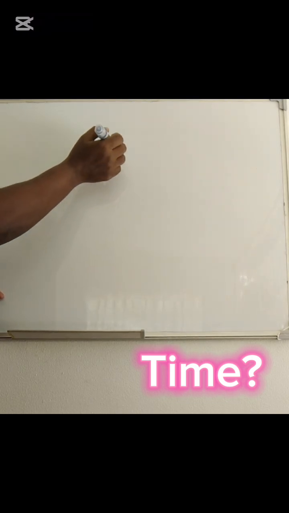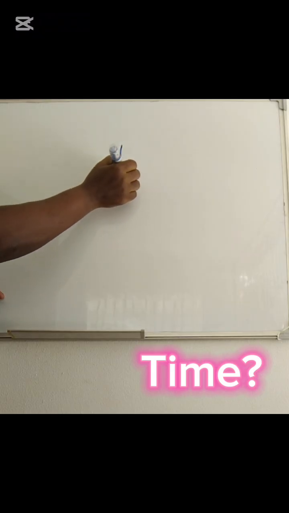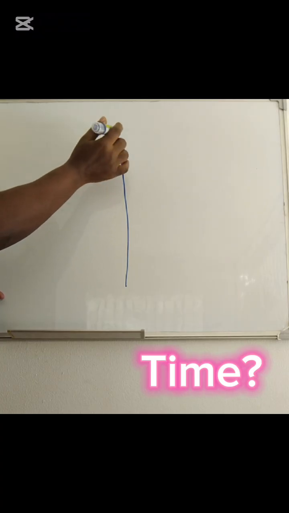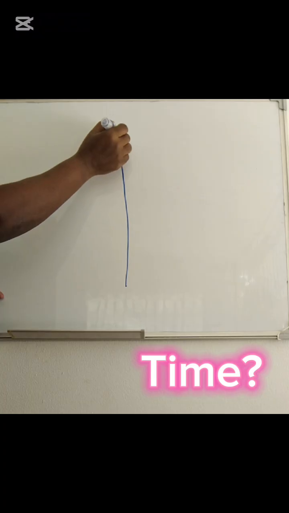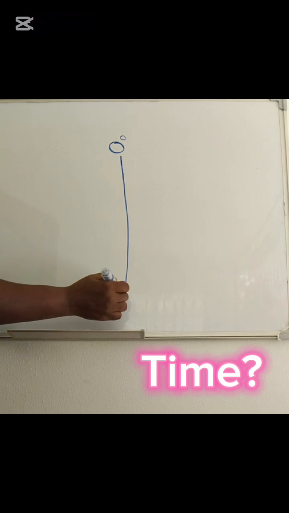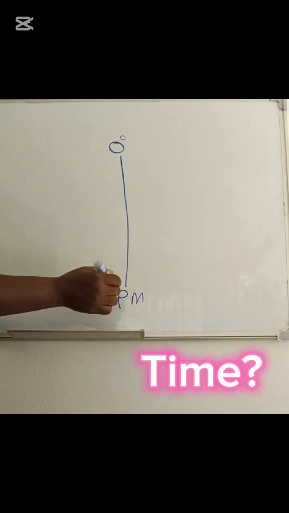So the main line of longitude, which actually is the center of time for the world, is located in England at a place called Greenwich, and it measures 0 degrees. That is called the prime meridian.